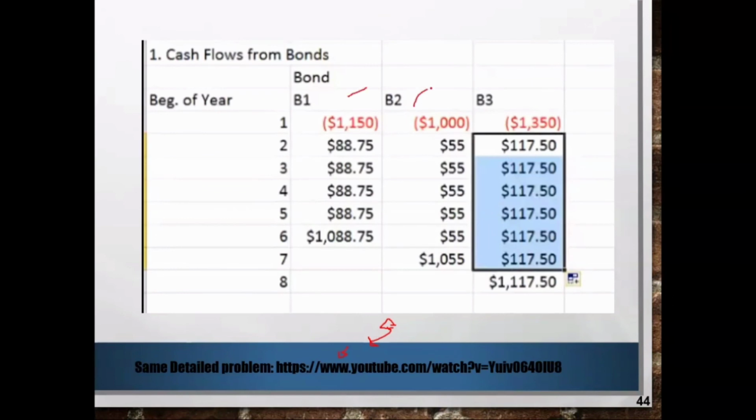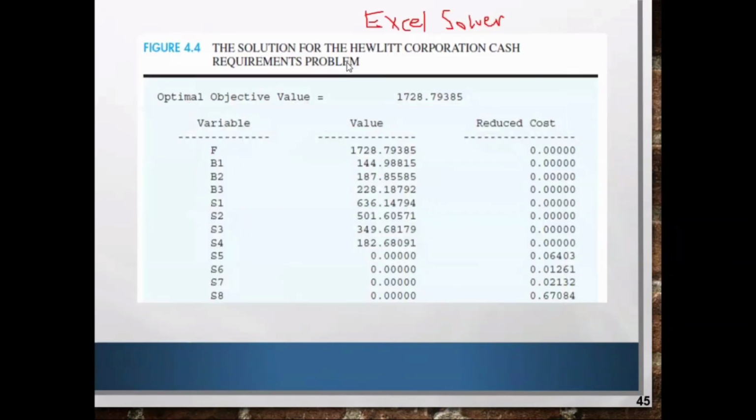So this is bond 1, bond 2, bond 3. So this is the answer. The value of funds is 1728.79385. So this is the optimal objective value.